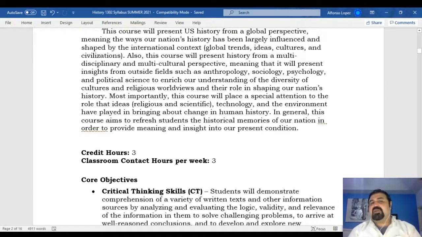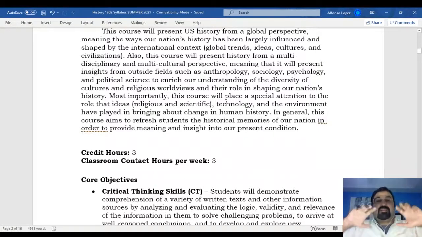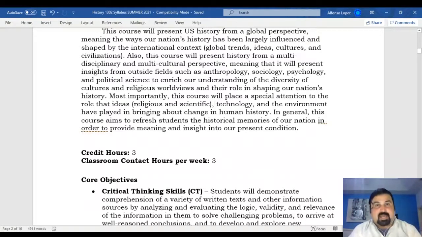But at the same time, what I like to do is connect what happens here at home, for example in the late 19th century in the United States, with what's going on around the world as well. What happens here in the United States is not something totally cut off and isolated from the rest of the world. Whatever happens in any part of the world can be connected to the outside.